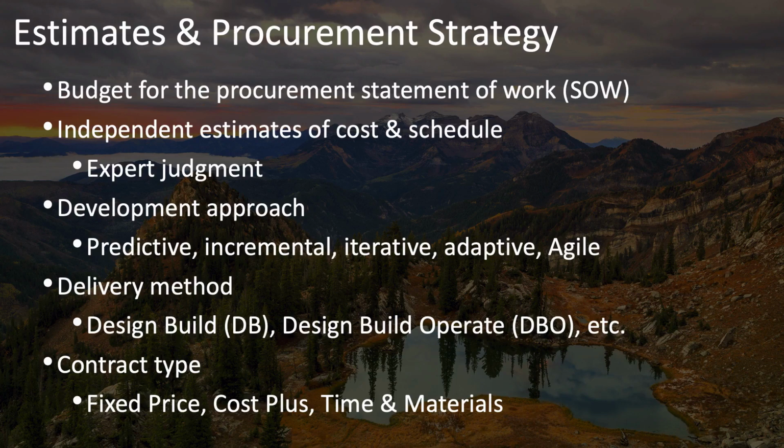You also need to decide on your contract type. Based on the type of work that needs to be done, the risks involved, and the uncertainties, you'll need to pick the contract type that best matches this work, whether it's a fixed type sort of contract, or one of the cost plus types of contracts, or time and materials.